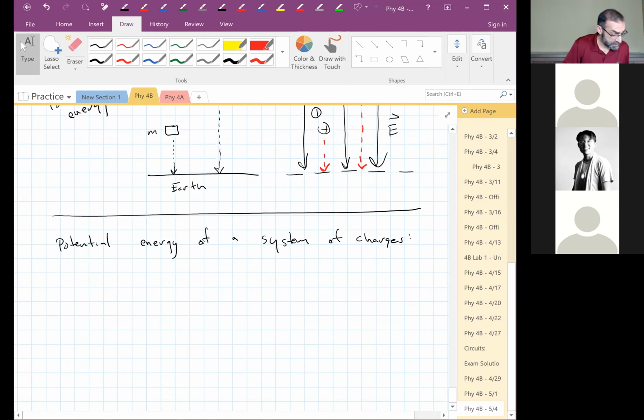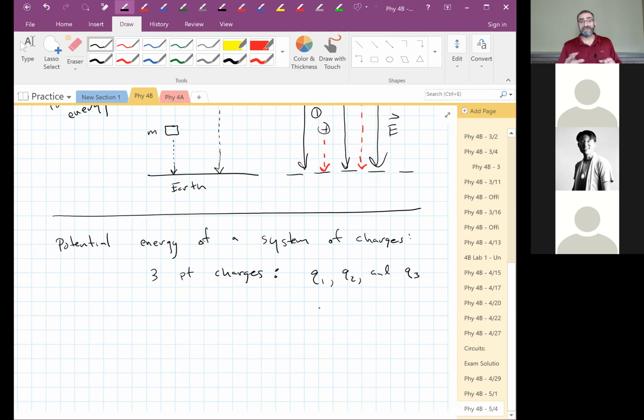So let's just do 3. 3-point charges, Q1, Q2, Q3. And the first thing we do is all 3 of these charges are at infinity, far away from each other. They're not interacting with each other. And we're going to bring Q1 in from infinity. And there's nothing else there, right? So how much work does it take to do that?